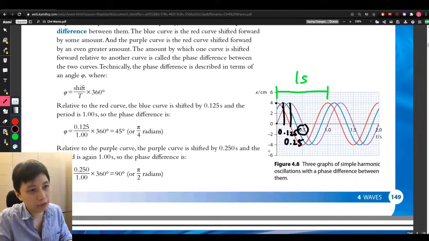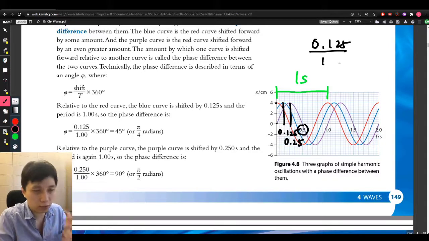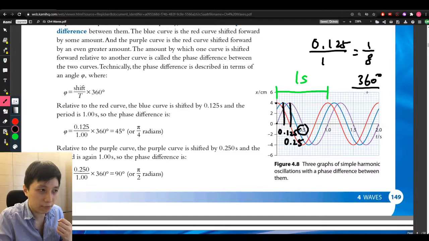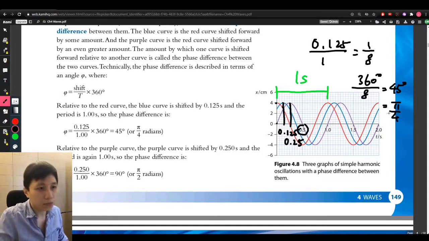So if you try to calculate how much the red one is leading the blue, that is obviously 0.125, divided by the whole cycle, 1, and that should be 1/8. And 360 degree of 1/8 would be 45 degree, or you can use pi over 4 radian.